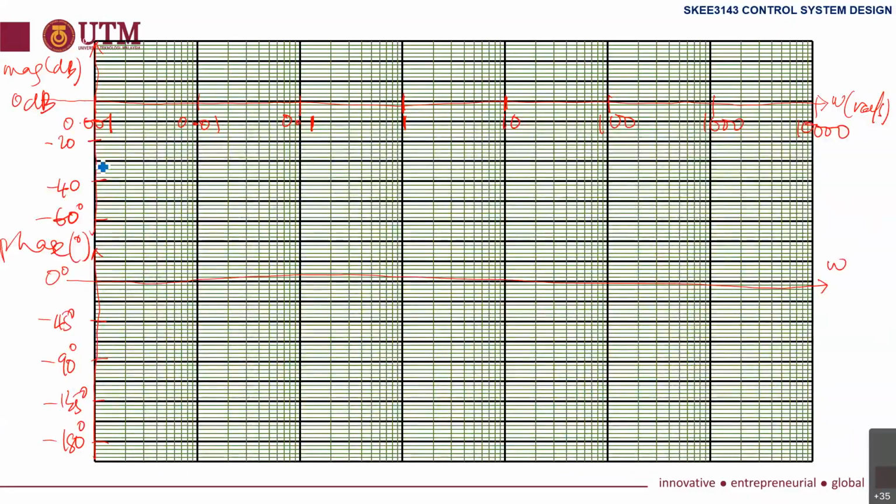Minus 14 dB. I just sketch, okay? This is minus 14 dB. So this is component 1. And the angle is 0. The phase is 0. So 0 is here for component 1.